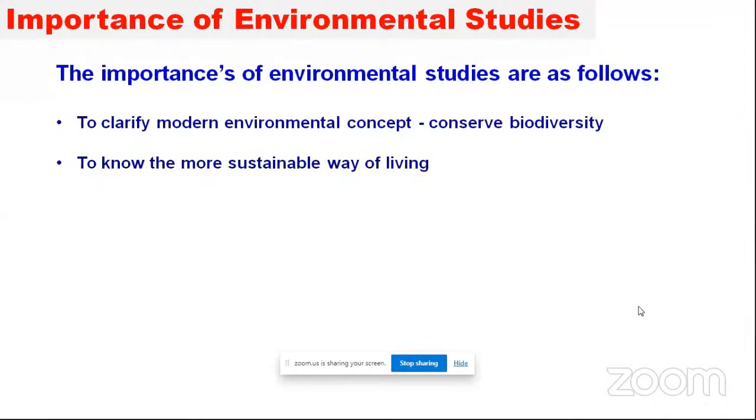Next one is, we have to know the importance of environmental studies becomes very prominent in the sustainability of way of living. Now, what is the meaning of sustainability? First, we talked about biodiversity. Now we talk of sustainability. The word sustain means keep the quality as it is forever. That is the meaning.